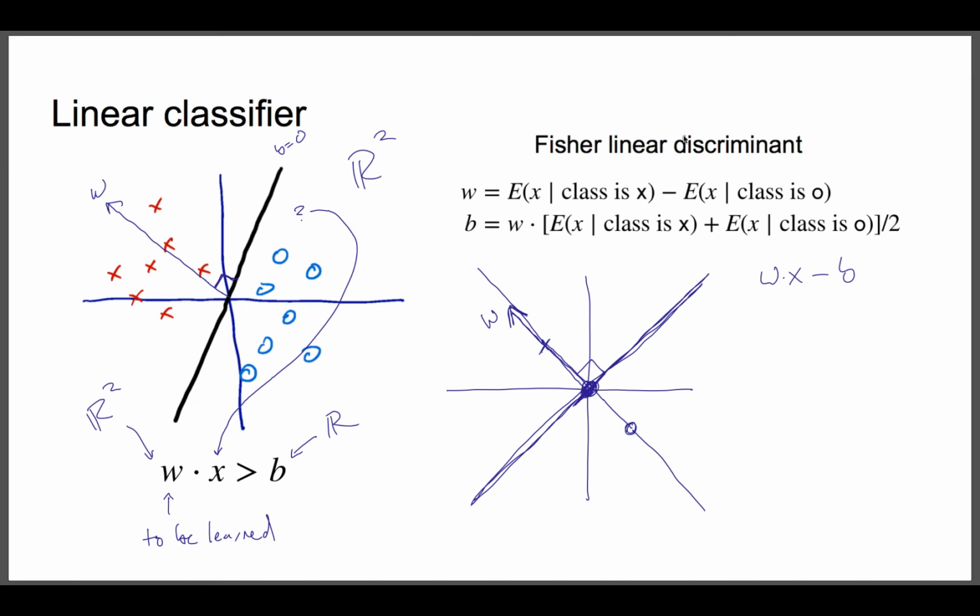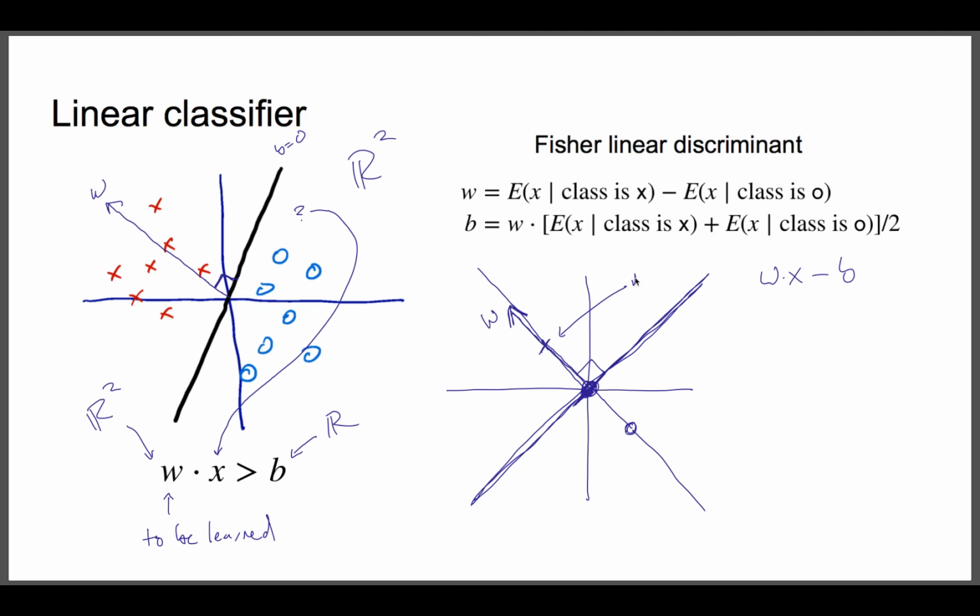And again, if we have just some examples here and some examples here, we don't really know what the true population mean is of the x's, but we'll just take the mean of all of the samples and put that here, right?